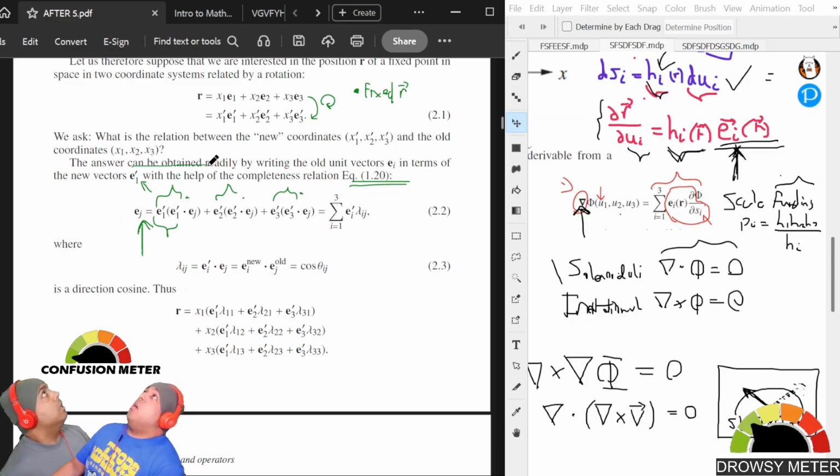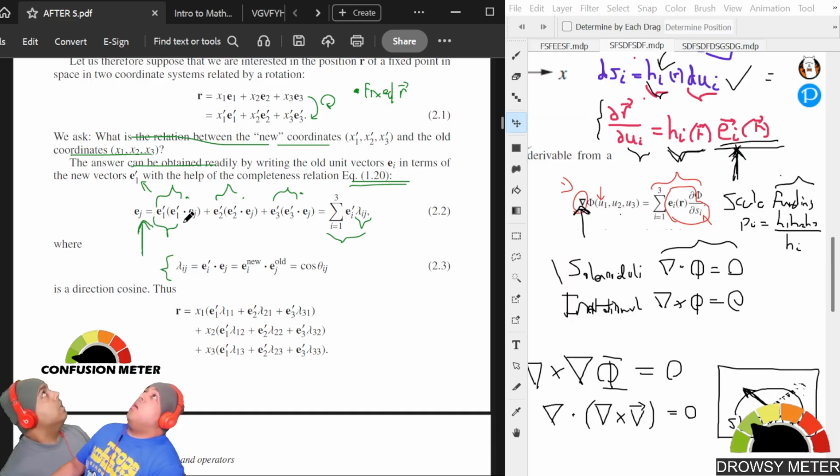What is the relation between the new coordinates and the old coordinates? Okay. e_j equals the sum of e'_i times e'_i dot e_j.